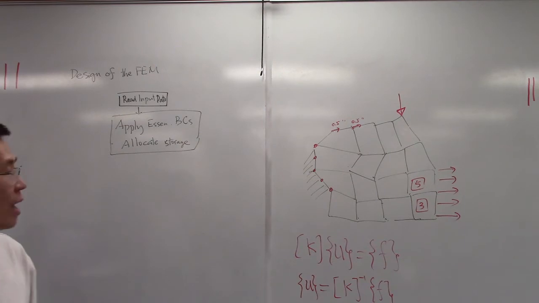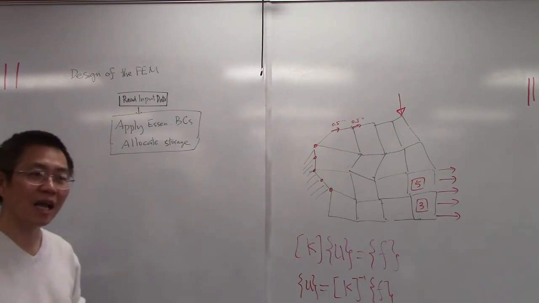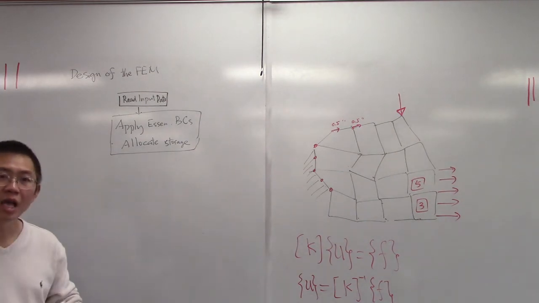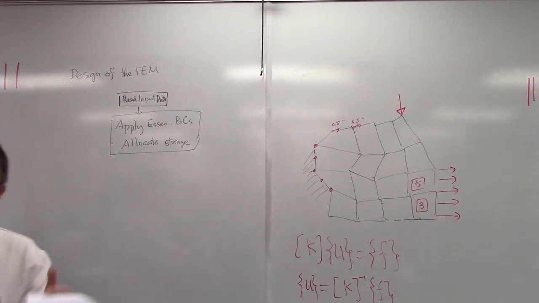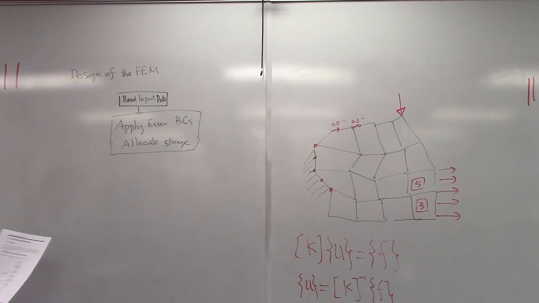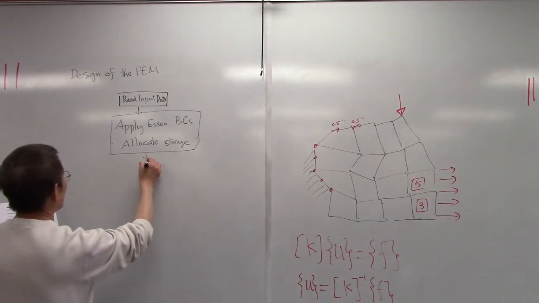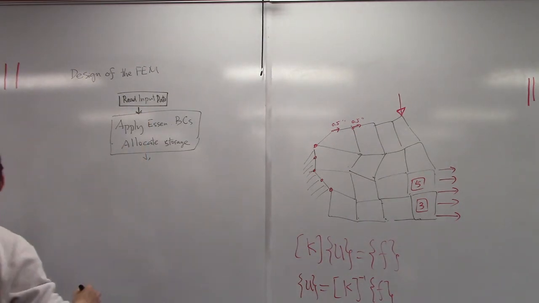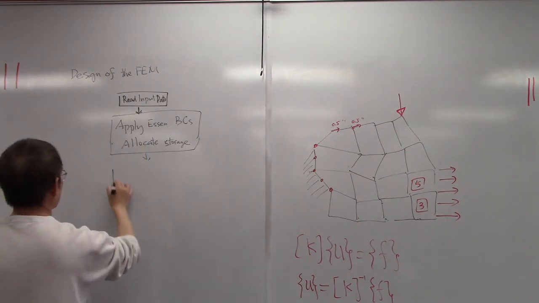So you want to definitely use dynamic memory allocation so that when the problem is huge, you set that array size to be large. When the problem is small, then set it to be small so it can be more efficient and fast.